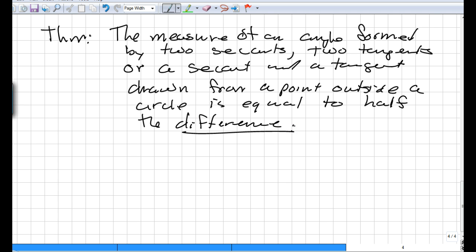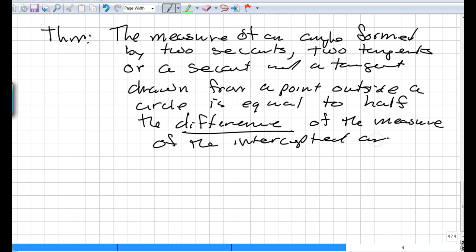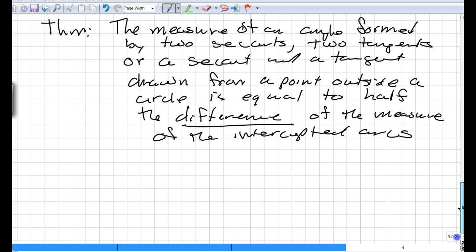Notice it's a difference now of the measures of the intercepted arcs. Okay, so if the angle is inside, it's half the sum of the intercepted arcs. If the angle is outside, it's half the difference.